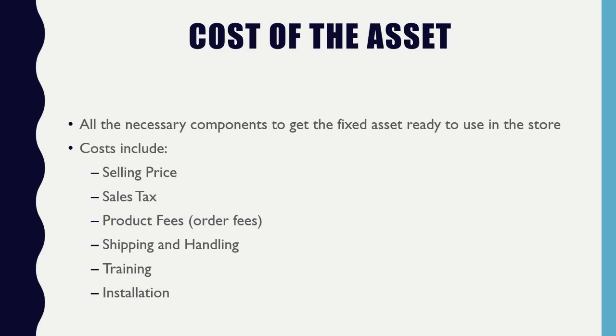In this case, it's the same thing as inventory, but the only difference is it doesn't just mean you get it to the store. You need to get it ready for service. So those are all the costs it takes to get the asset ready for service, and all of these costs are included as part of the fixed asset.